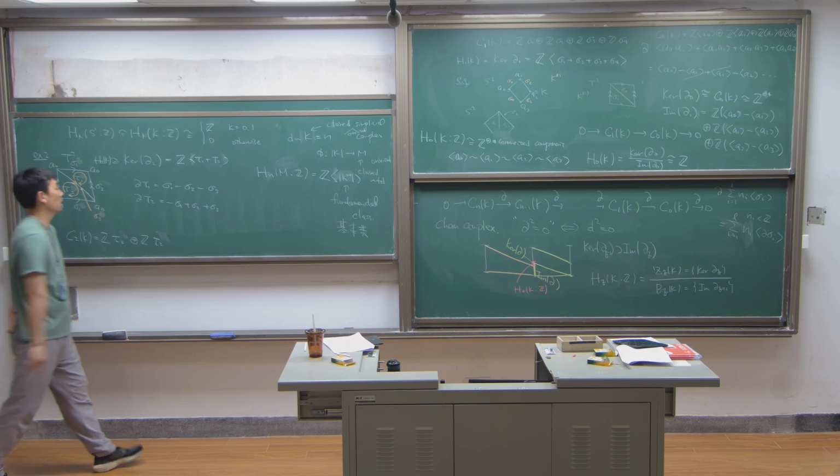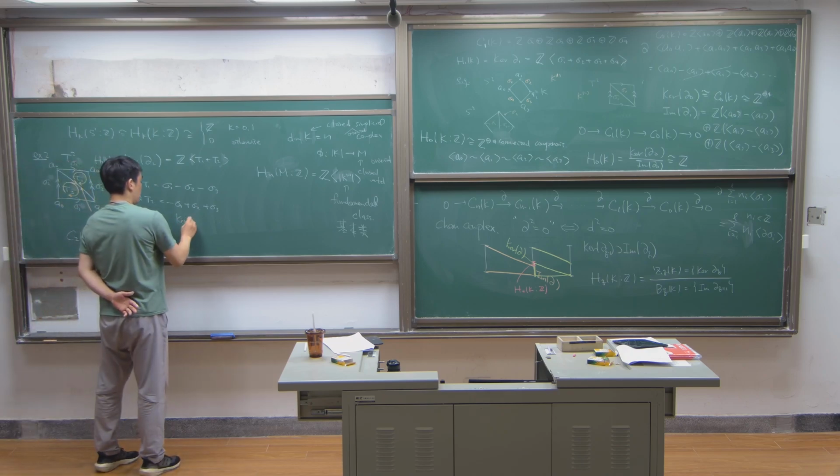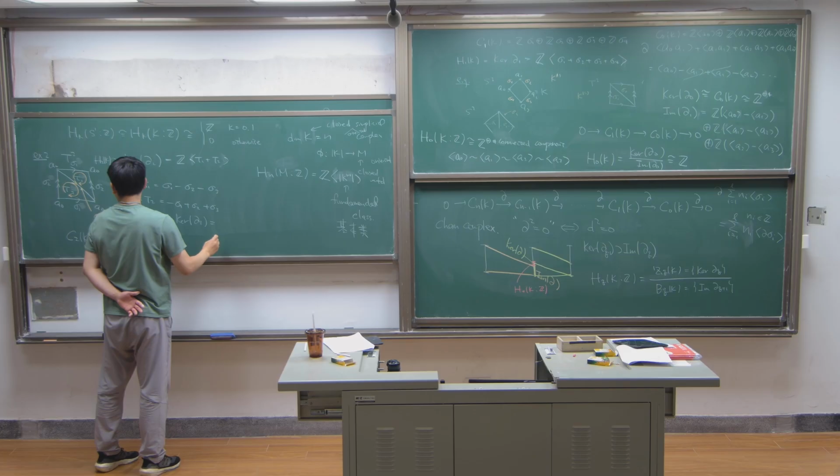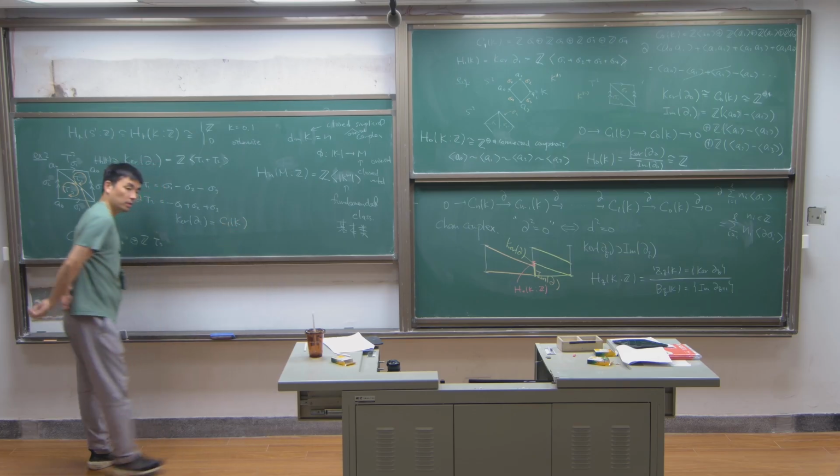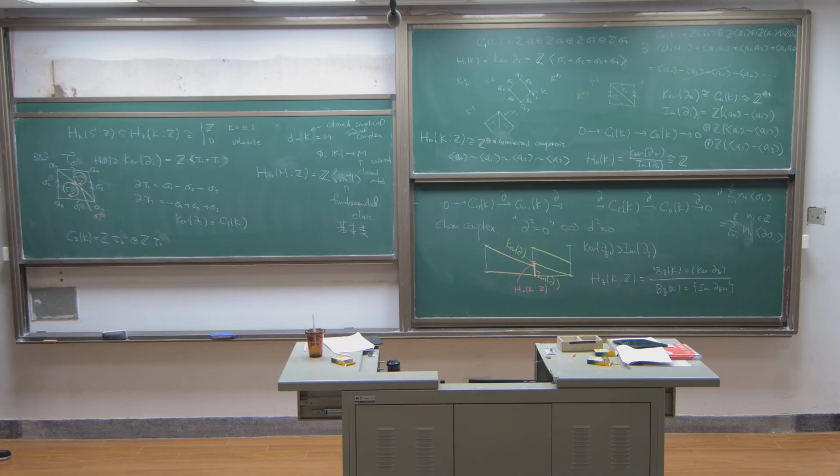What's H1? The kernel of boundary 1 is everything, C1, that's obvious, because if you take a boundary, all the points are the same, A0 minus A0.